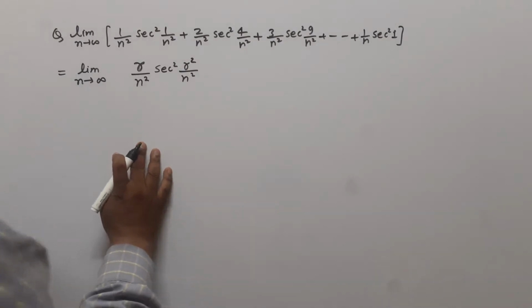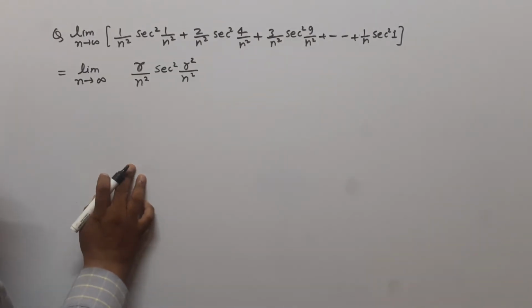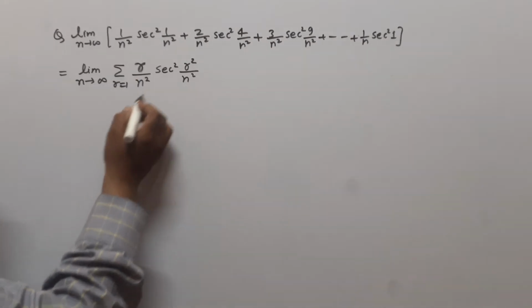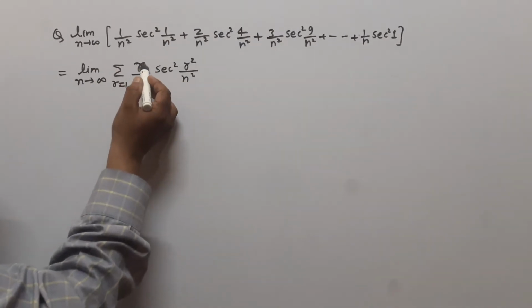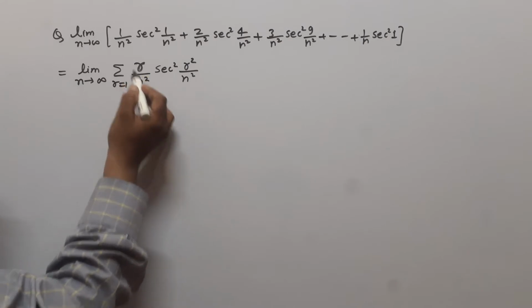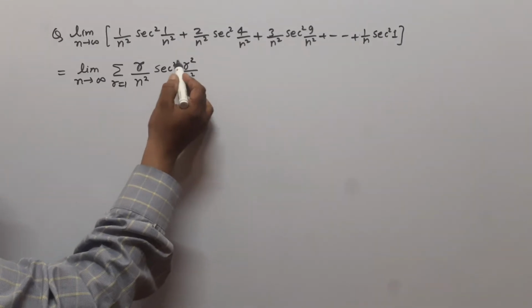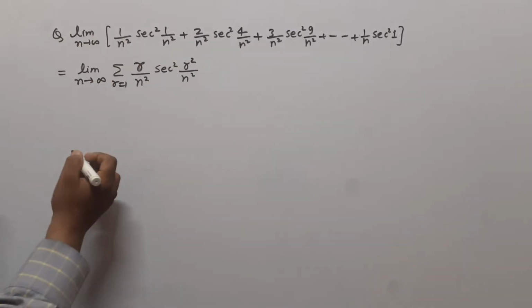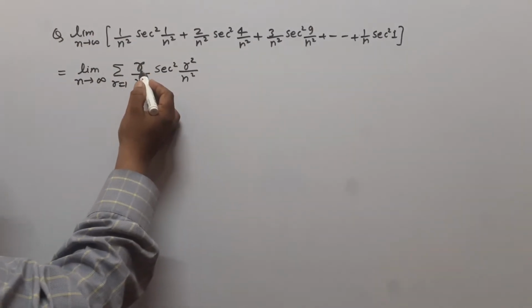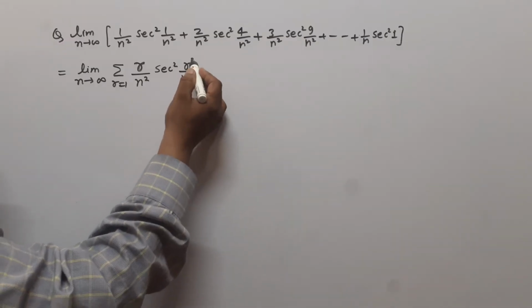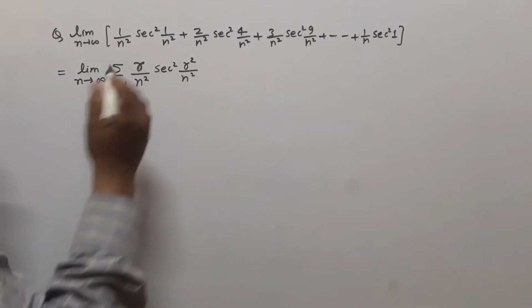So we can see that when we write r equal to 1, we get the first term, which is 1 upon n square sec square 1 upon n square. When we write r equal to 2, this is 2 by n square and sec square 2 square, that means 4 by n square.